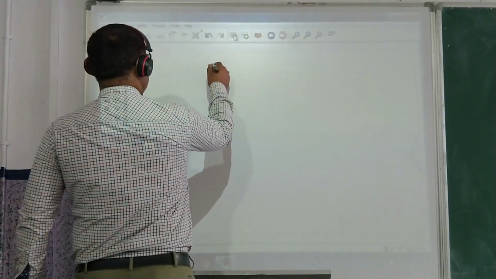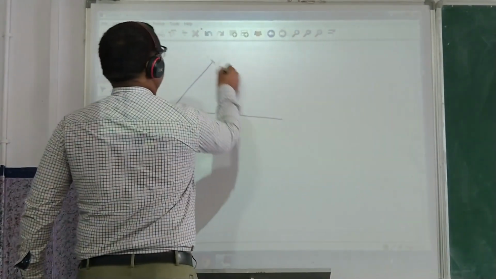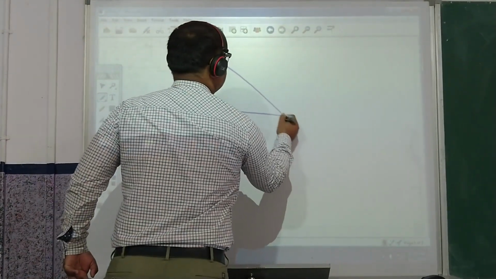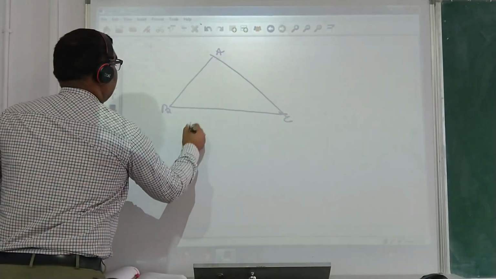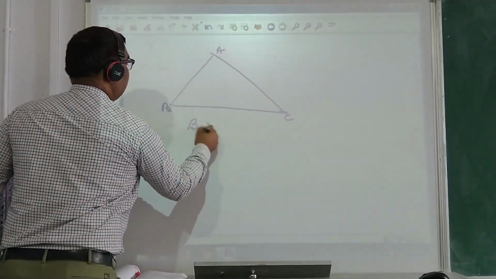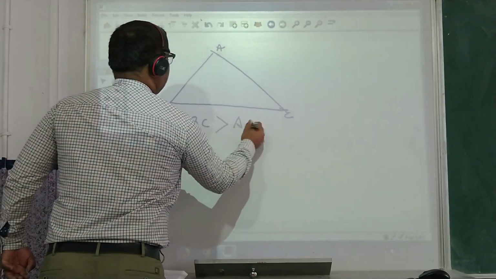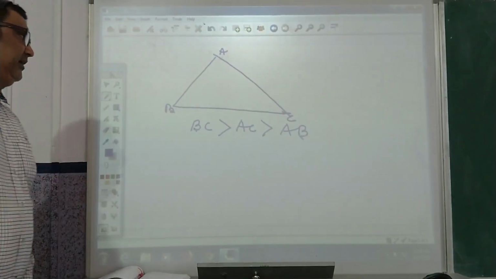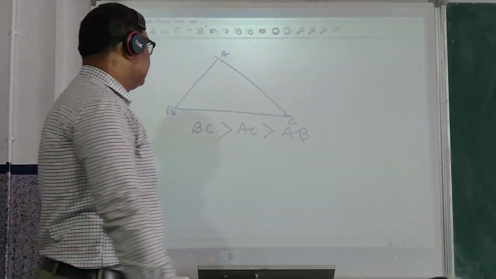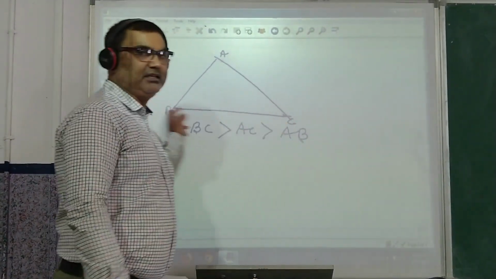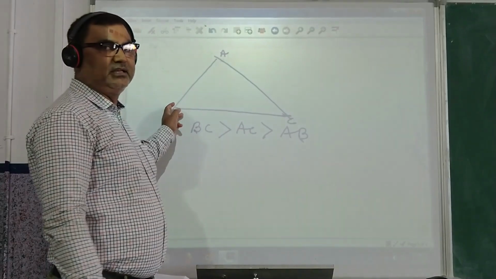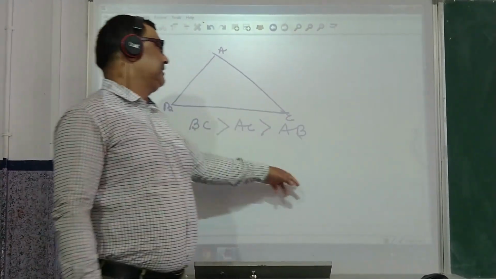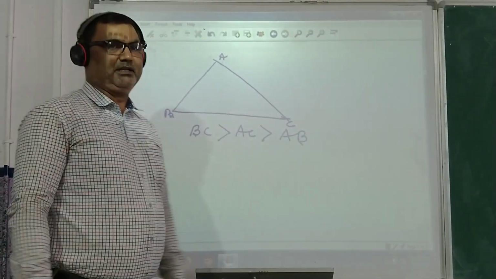Now, suppose in triangle ABC, I have written BC, AC, AB in descending order. BC is the longest, then AC, then AB. AB is the shortest.